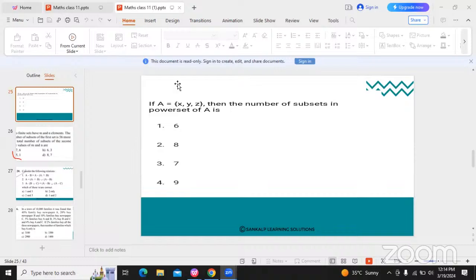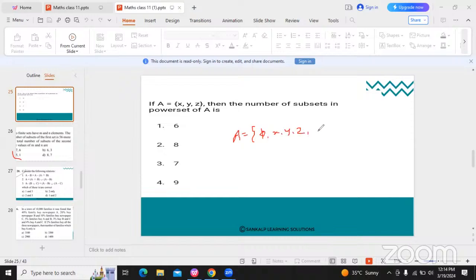Why? Because you can write down the subsets of the power set of A. First, you write A, and the first will always be the null set. Then {x, y, z}.